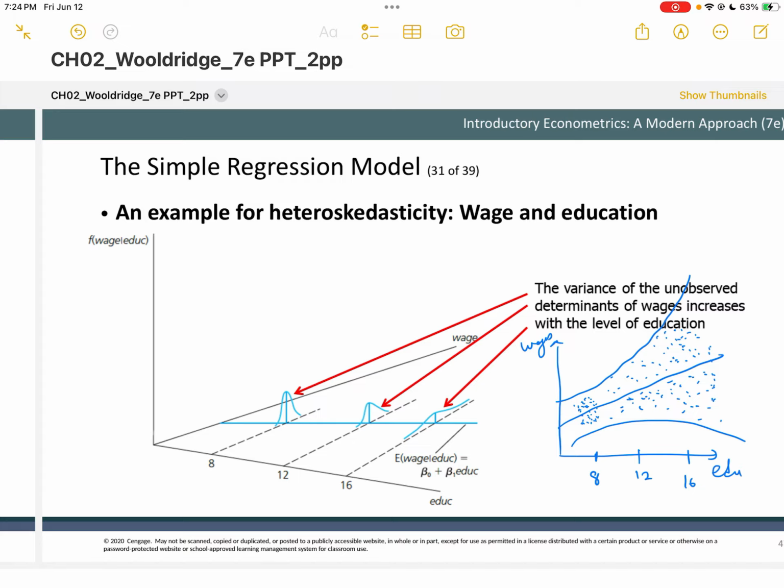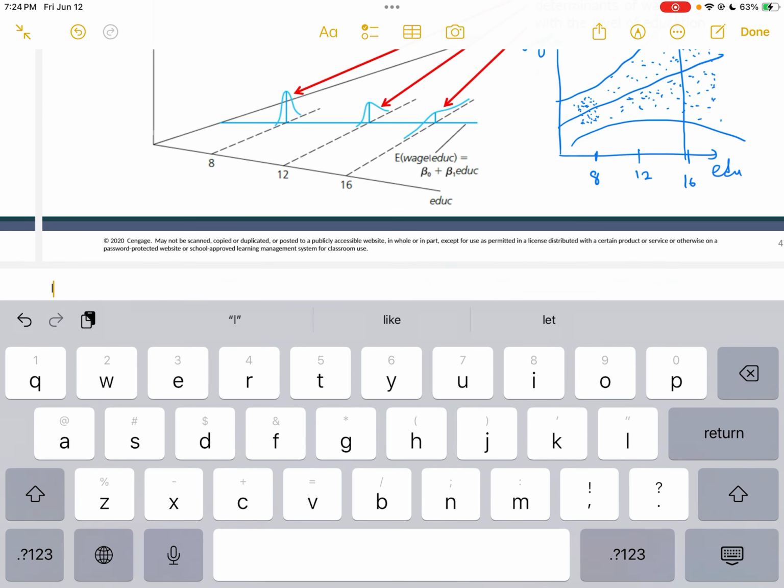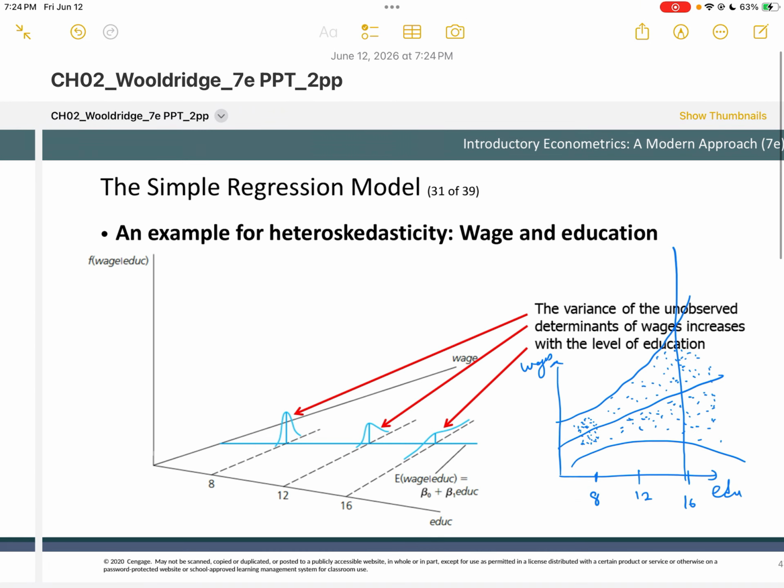But at higher levels of education, there is more flexibility and there are more opportunities, and so there's a wider range of opportunities than at the lower levels of education. Such that as education increases, those opportunities change with the level of education one has.